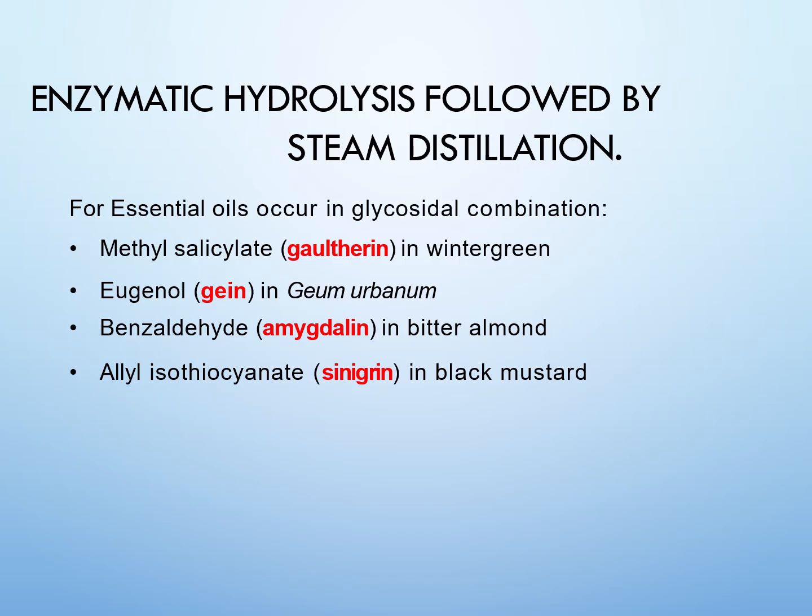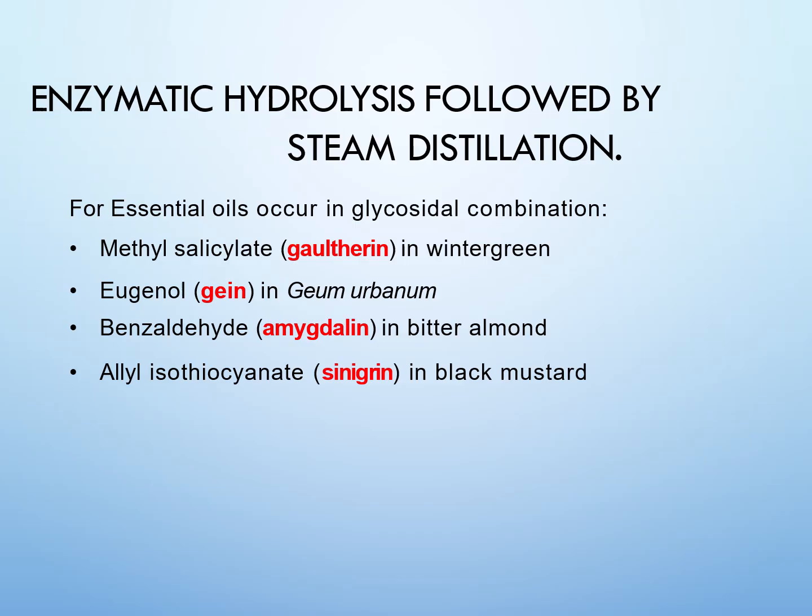For example, in wintergreen, the volatile component methyl salicylate is present as a glycoside. So we will do the hydrolysis and then the methyl salicylate is separated and this is isolated by steam distillation process.